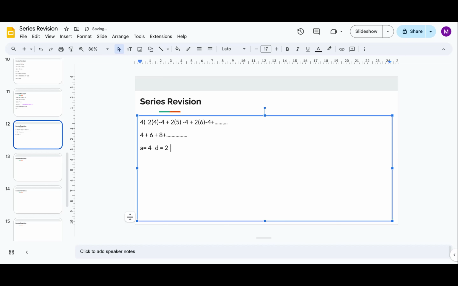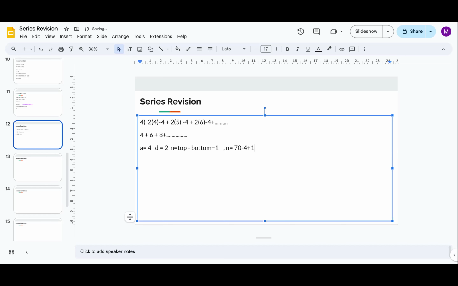Okay, now as I said, to work out what my n value is, to work out how many terms I have in the sigma notation I'm given, it's going to be top minus bottom plus 1. That's the same as n is equal to 70 minus 4 plus 1.